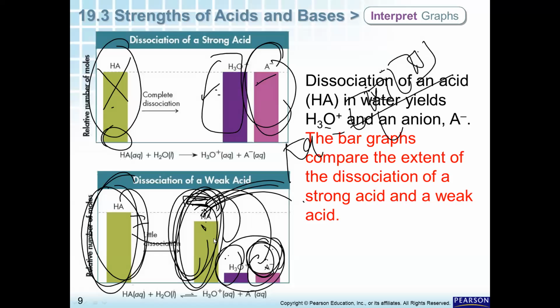All right. So again, in order to calculate the Ka value, you need the initial concentration of the acid, the big green. You need the pH or the H plus in order to get the little purples.